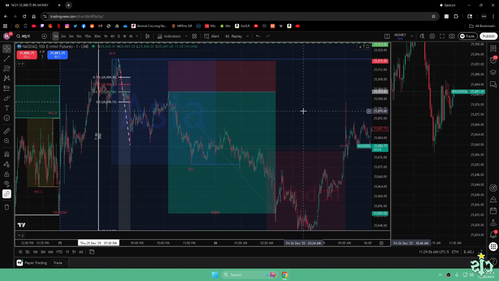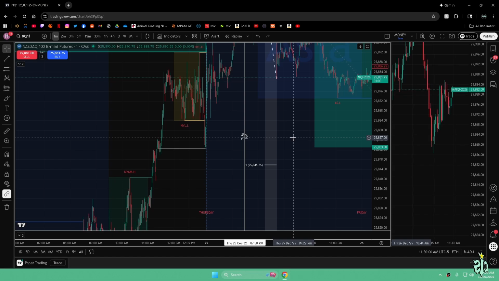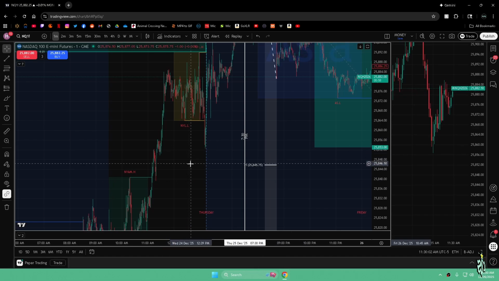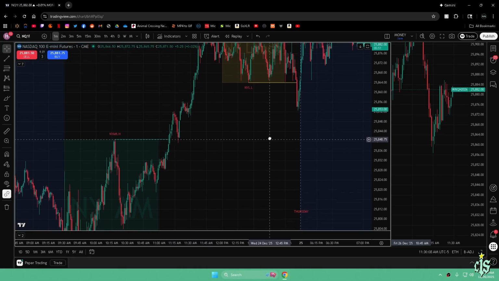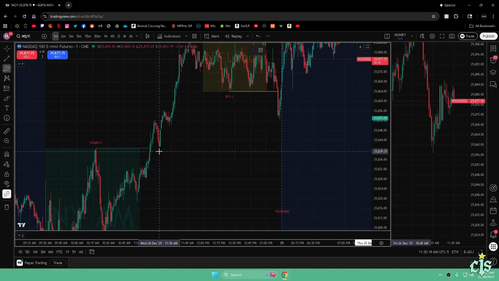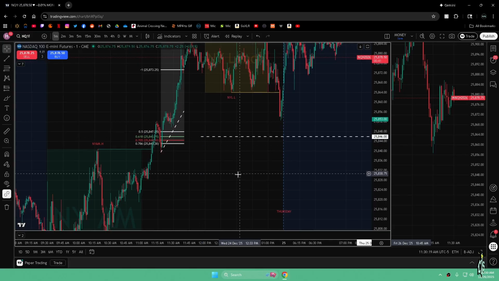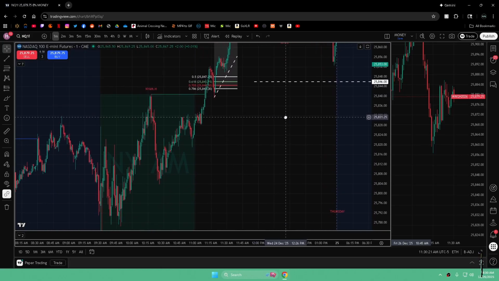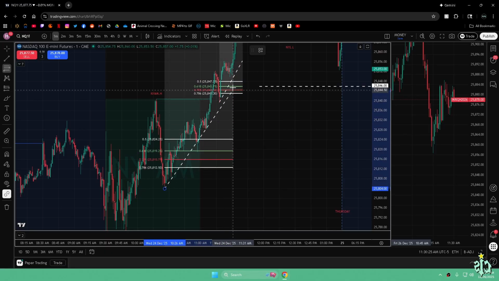Now, next thing you want to do, as soon as you're in this trade, look for range imbalances, right? So this range right here, this low to this high is balanced because it taps in. Where's our next range? We have this small range right here from this low to this high. Then we have another range from this low to this high.